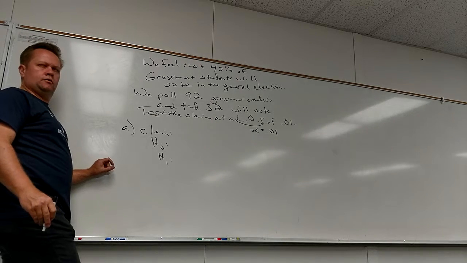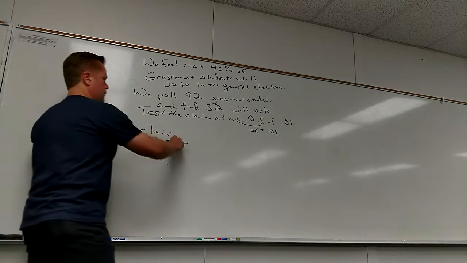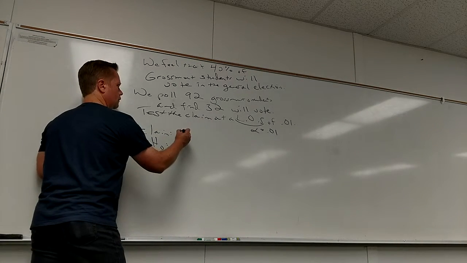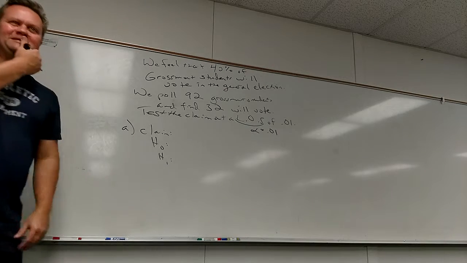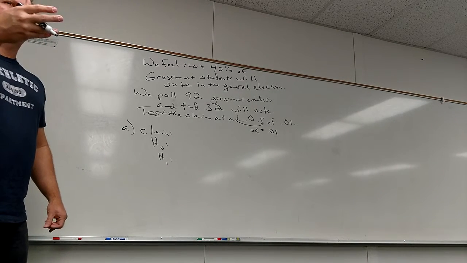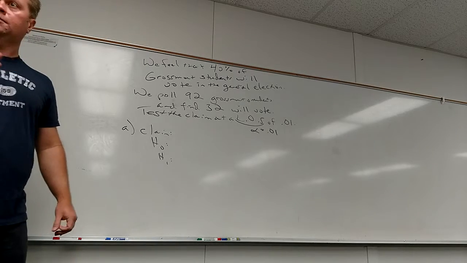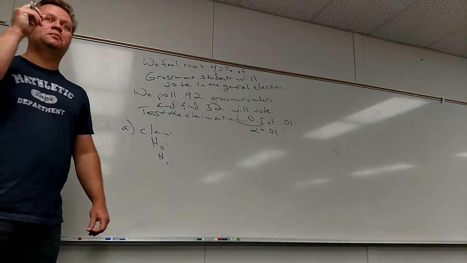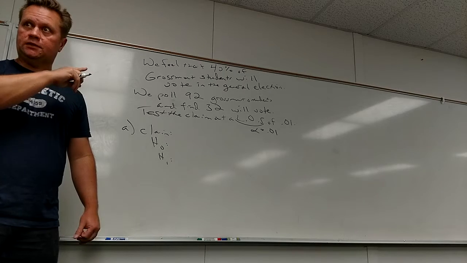All right. So what's the claim in symbols? No. Darn it. I already started off bad. Mu is mean, but this is a test about percentages. Isn't this a test about percentages?